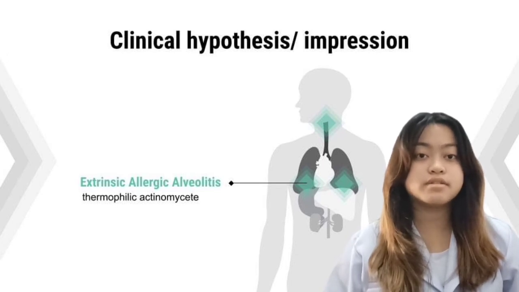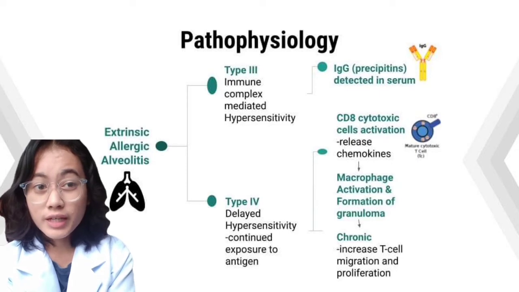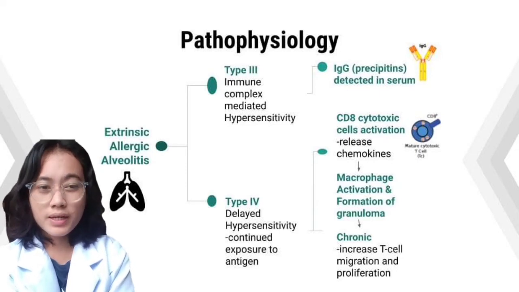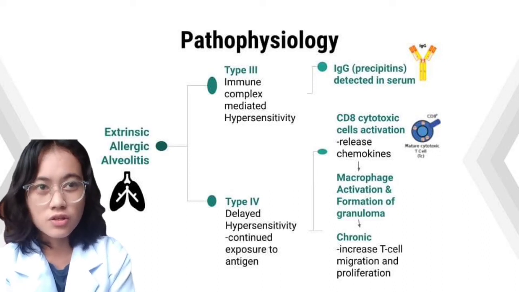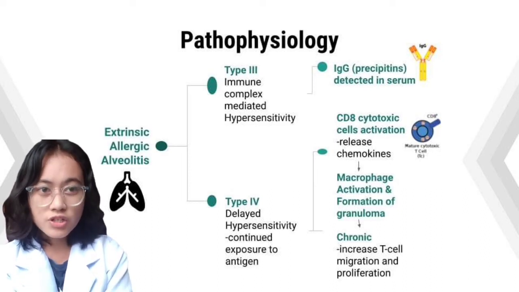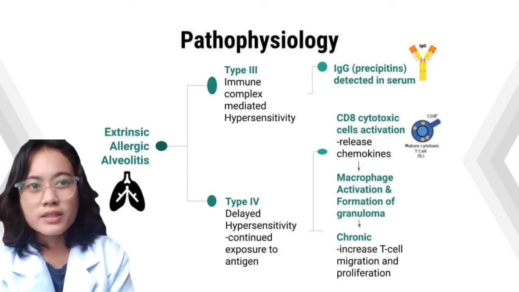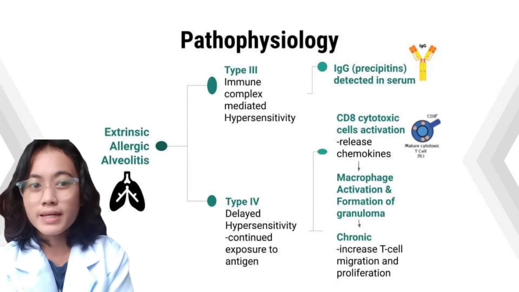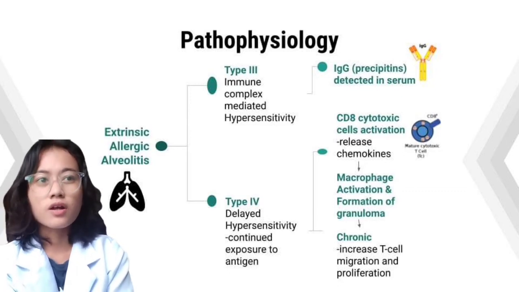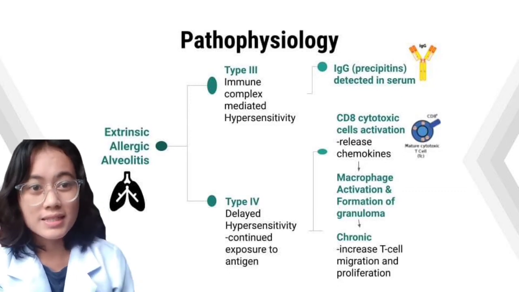all of which Mr. Franks experienced. Lung parenchymal inflammation in HP is a combination of type 3 and type 4 hypersensitivity reactions. The offending antigen or chemical agent initially triggers the immune complex mediated type 3 hypersensitivity reaction after initial sensitization.